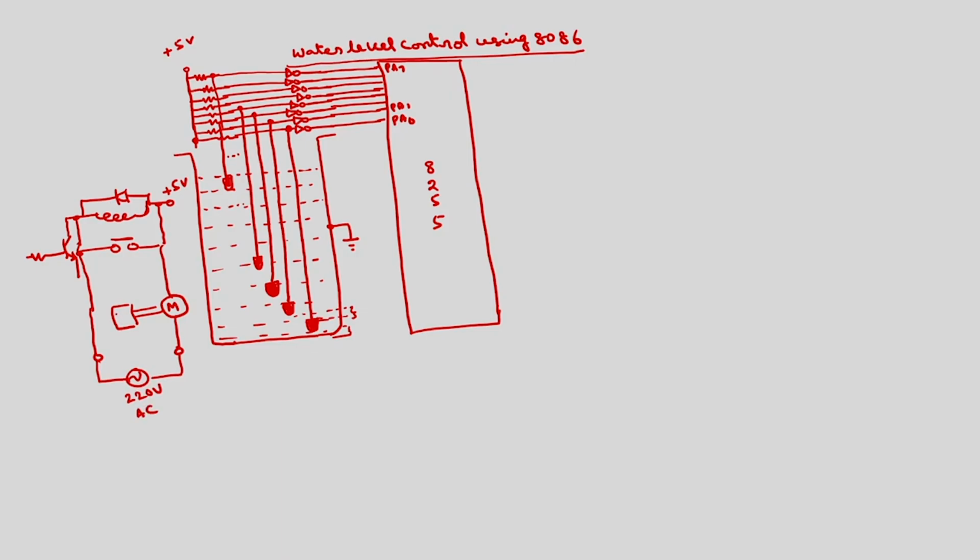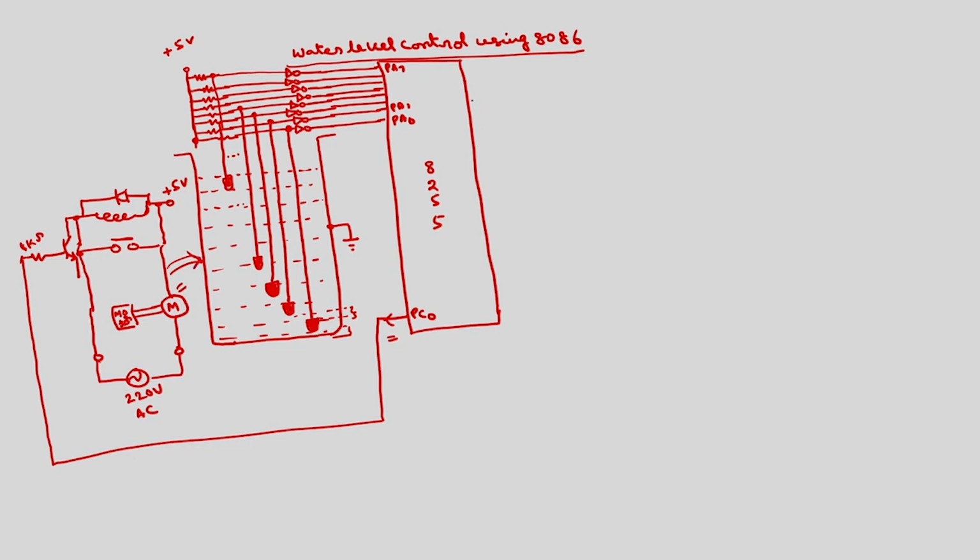This is the motor. And this will also be controlled by an 8255 port. I am using port C, PC0. So, this motor will be switched on or off using this PC0, thereby it will pump the water into this tank.